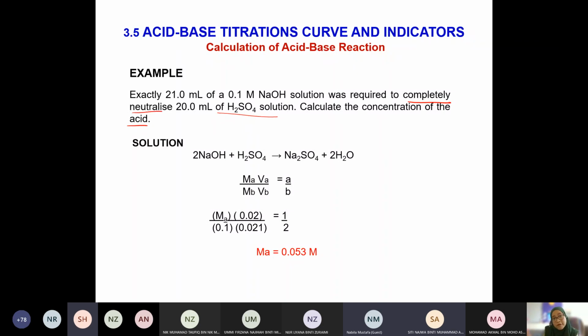We don't have any acid or base in the solution, only salt and water. You shouldn't have a problem using MAVA and MBVB. If you want to use this formula, you must have the equation, because this A over B is extracted from the equation.